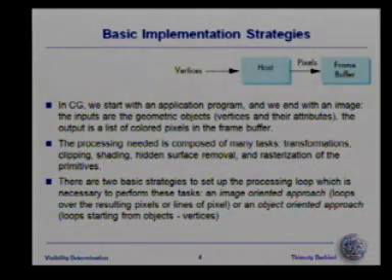The idea is this: I know already that my frame buffer will be 1024 by 768 pixels, so on this information I am basing the main loop of my rendering engine. So start with pixel 1, then pixel 2, pixel 3, pixel 4, pixel 5, until all the pixels are done. This is image-based.